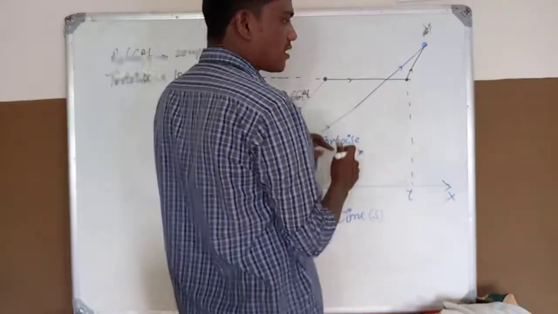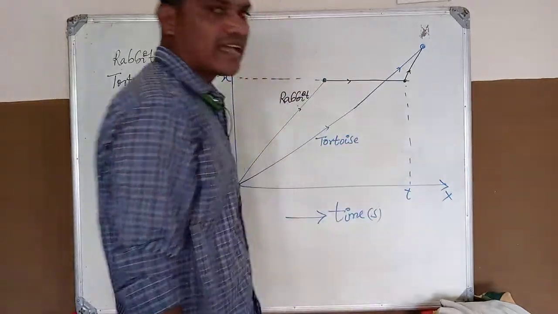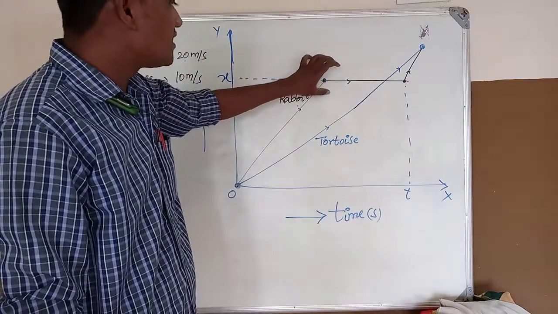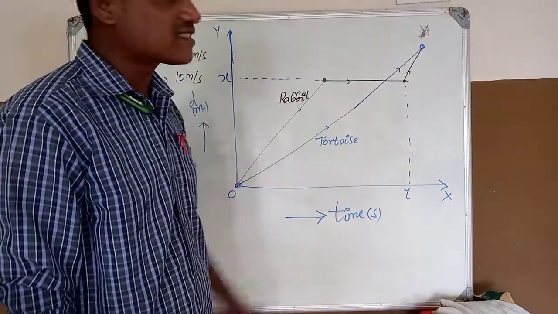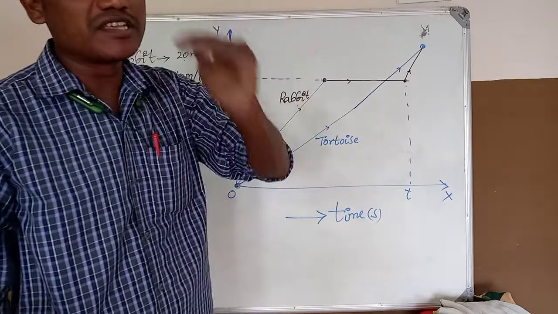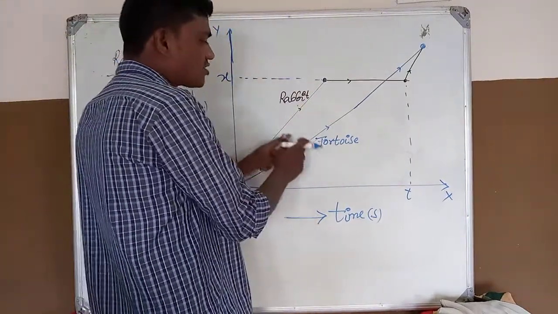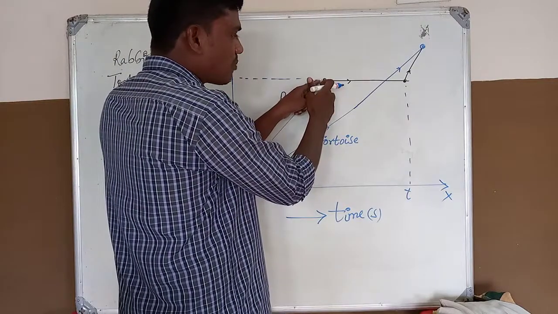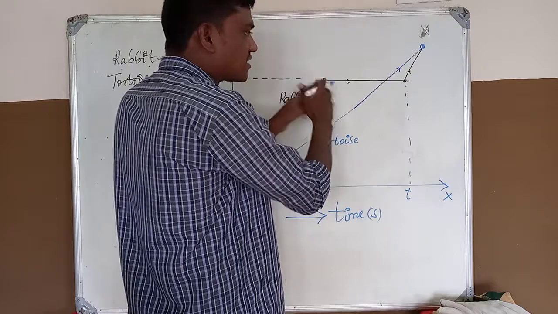Rest is nothing but not being in motion. That's why the graph is a straight line along the x-axis. In a distance versus time graph, if the graph is a straight line along the x-axis, it represents the body is in rest position. So the rabbit runs faster than the tortoise, and after reaching the particular X distance, the rabbit takes a rest up to T time.